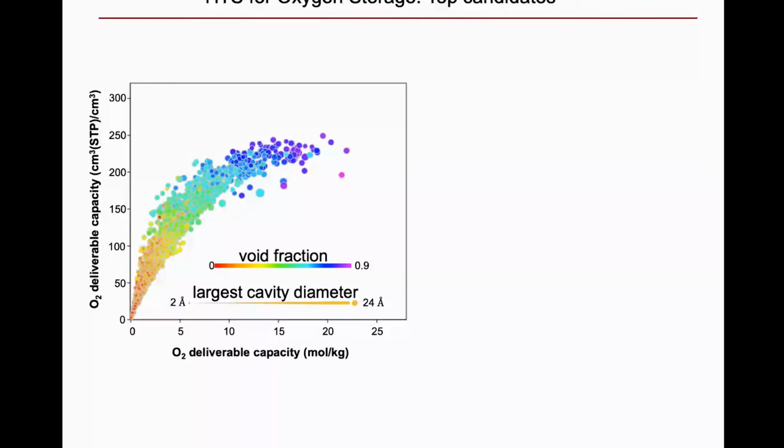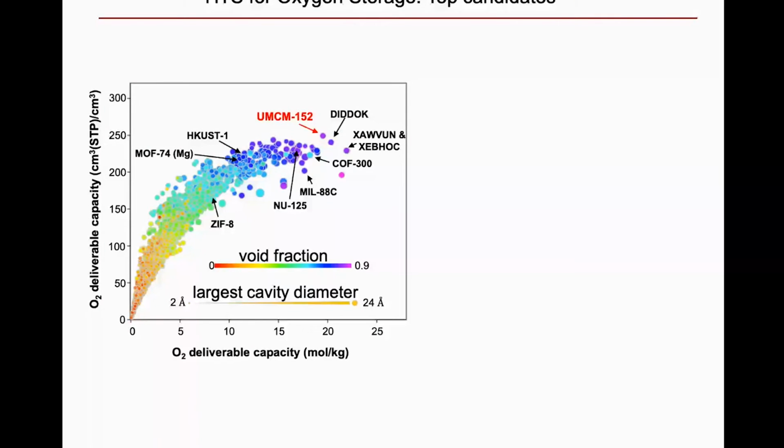And what you can do here is identify and highlight the adsorption capacities for well-known MOFs, for example, MOF-74 or HKUST-1. And you can also identify your top performing materials as well, right? So looking at this, the structure that we really liked was this UMCM-152, which has the highest volumetric deliverable capacity and is among our top 4 materials for the gravimetric deliverable capacity.